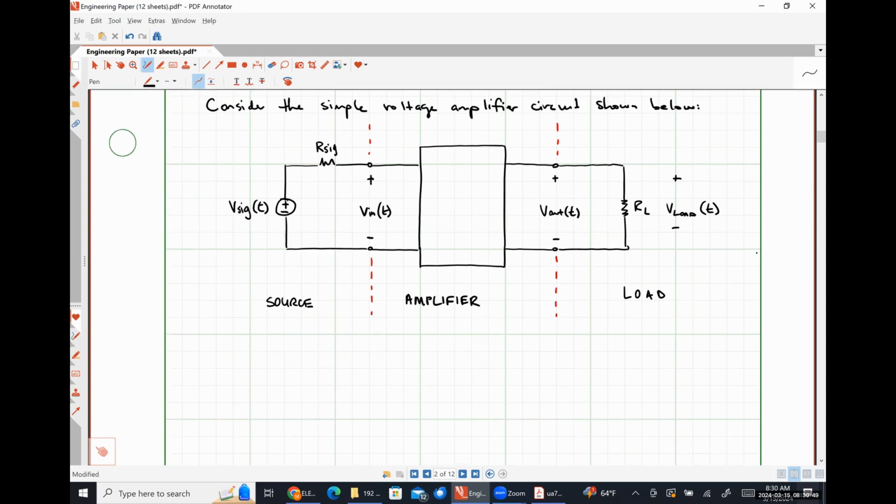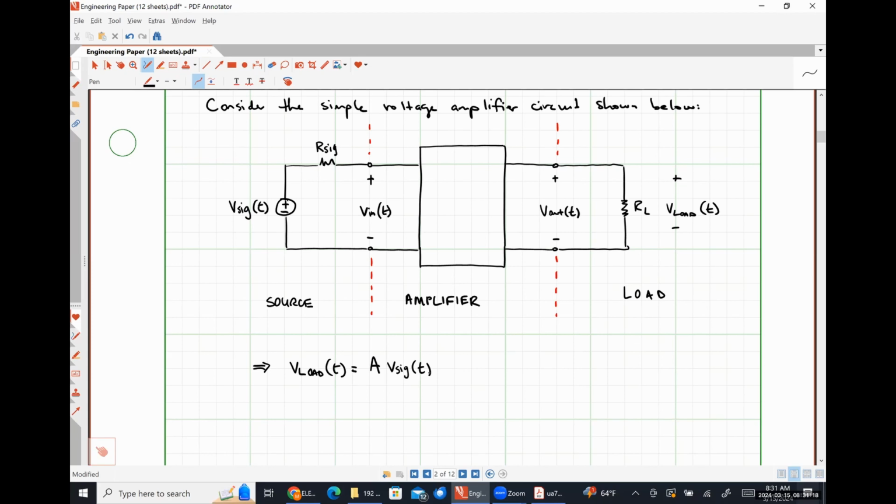So we are expecting some sort of behavior such that V load of t is equal to A, the gain of our system, times our signal voltage.